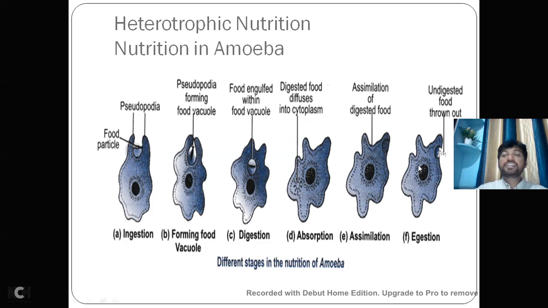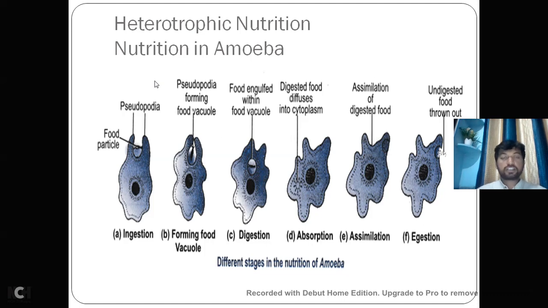Then egestion takes place, the undigested food will be thrown out from the organism's body, like the amoeba's body. That process we call egestion. By this we can understand that a small animal called the amoeba also undergoes heterotrophic nutrition, that is holozoic type of heterotrophic nutrition.